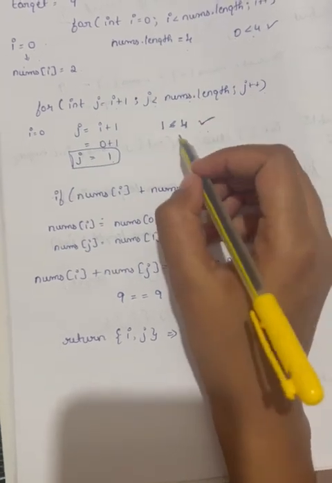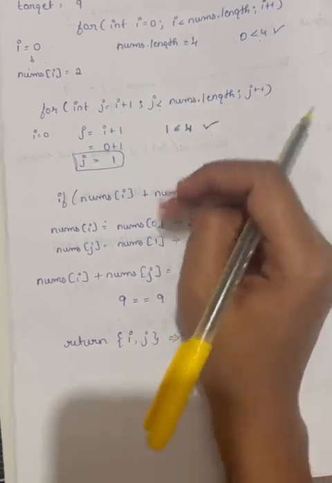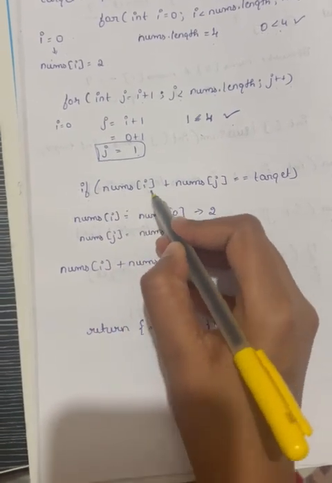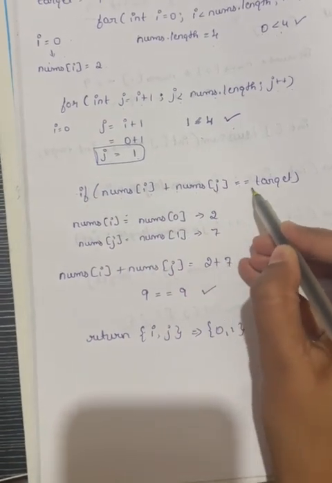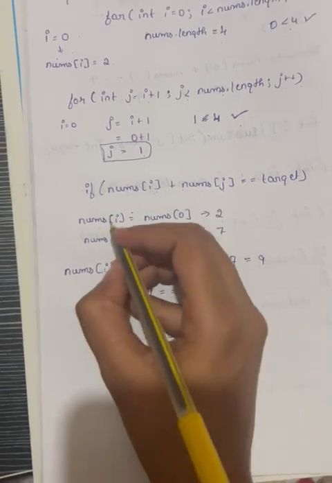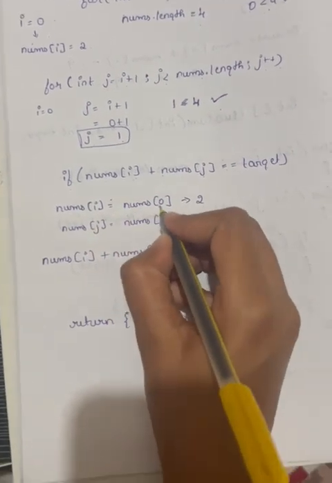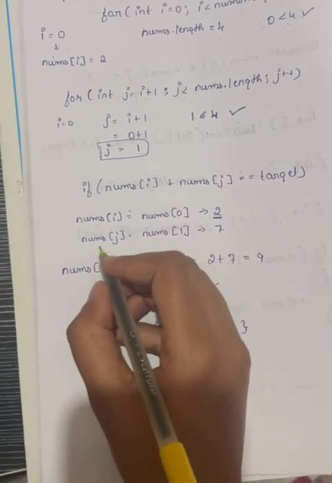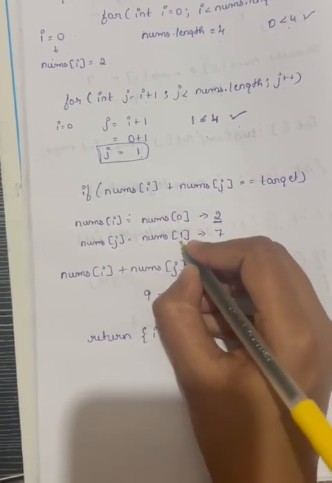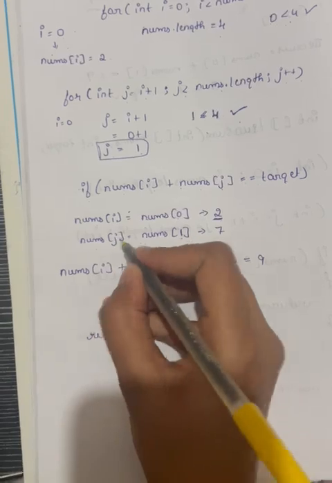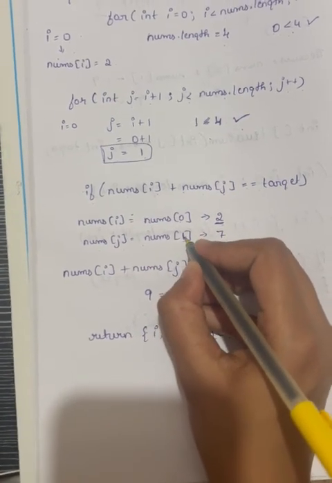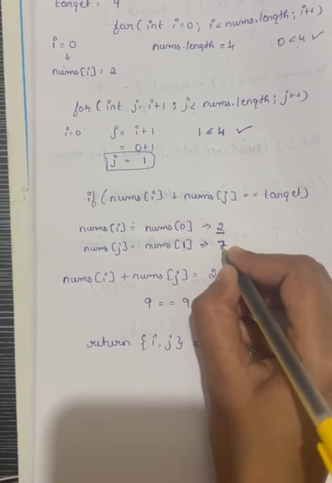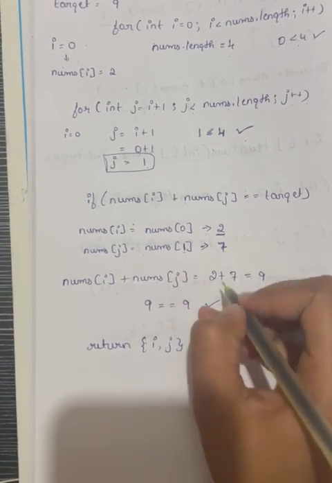If these two conditions are satisfied, then I move on to check the condition: if nums of i plus nums of j is equal to target. nums of i, which means nums of 0, I'll have the value 2. nums of j, which means nums of 1, j value is 1, so I'll take the index value of j, that is 1, and the value at index 1 is 7.